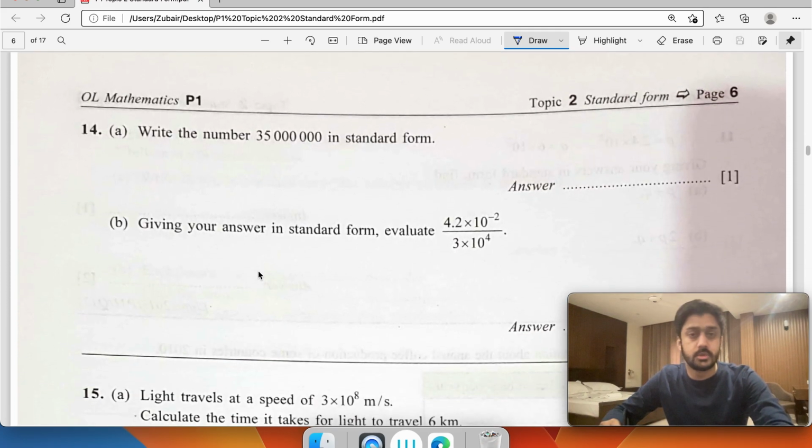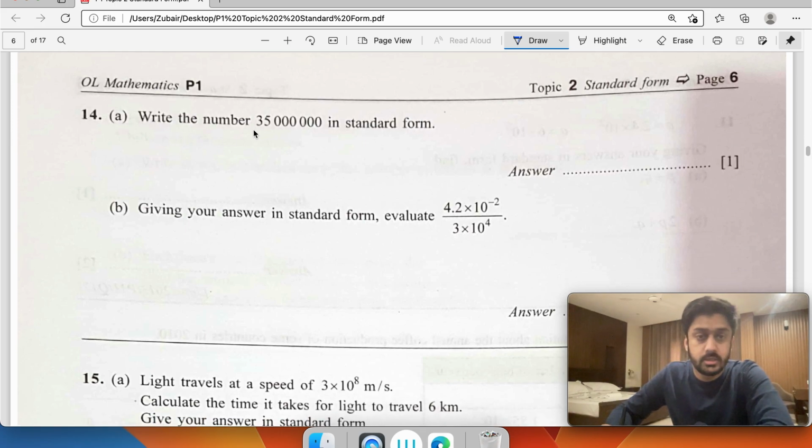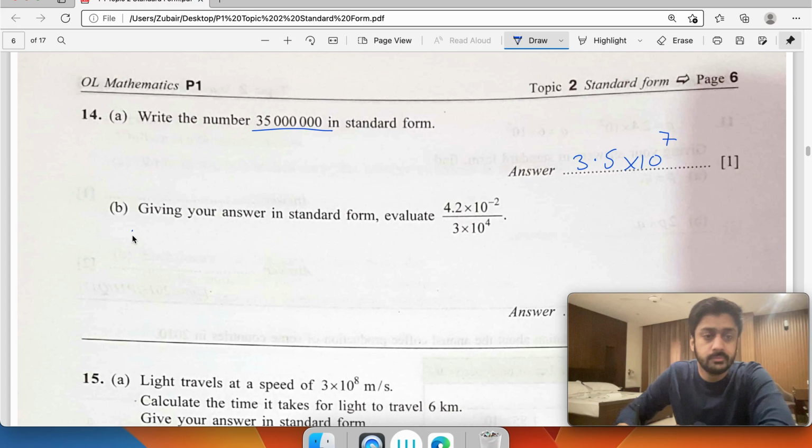One more question for today. Write this number in standard form. 3.5 times 10 raised to the power 1, 2, 3, 4, 5, 6, 7. Giving your answer in standard form, evaluate this. So making it 42. When you increase on the left side, you decrease on the right side.